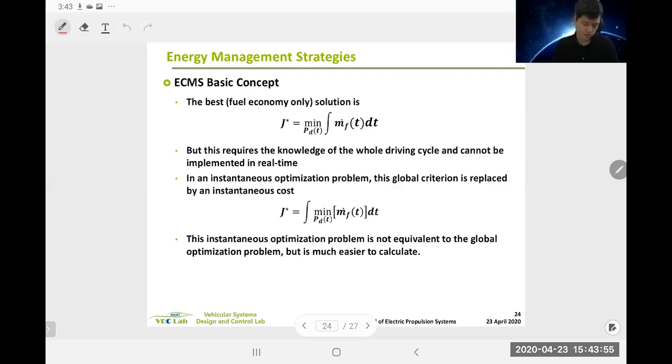What this is, the main idea of ECMS is, by the way, ECMS stands for equivalent fuel consumption minimization strategy. Okay, and you will understand why it's named that way.